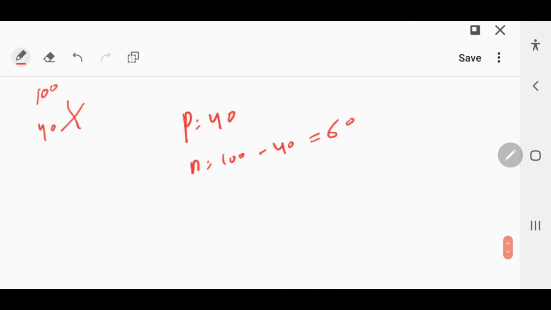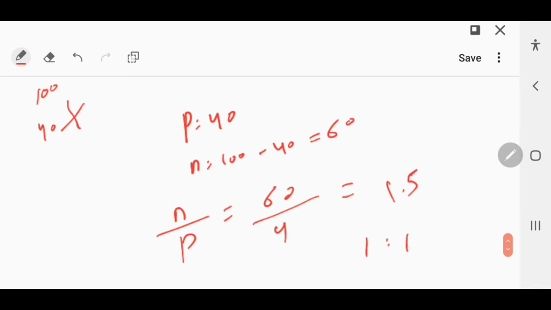So the ratio of neutron over proton equals 60 over 40, which is 1.5. So the ratio is 1 to 1.5. That means that we are in the stable band, so the atom will be stable.